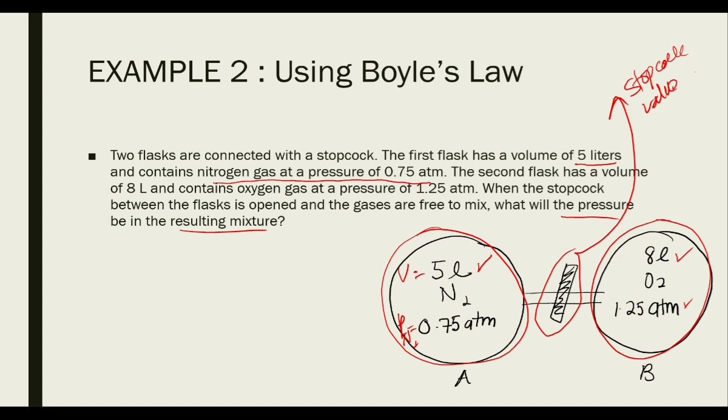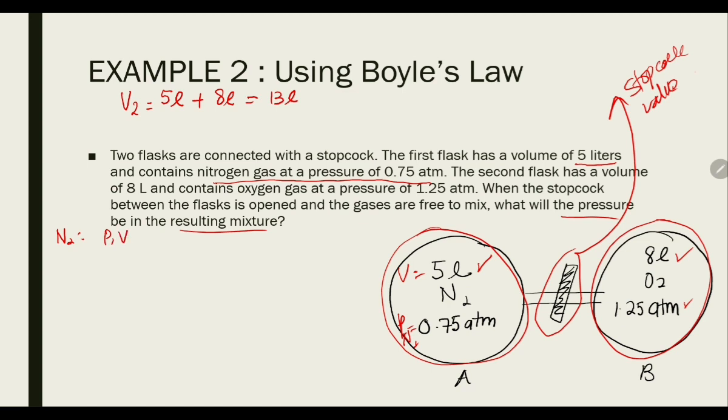We need to find the final volume after the two gases are allowed to mix together. V final for both cases is the total volume of both flasks: the first flask is 5 liters plus the second flask is 8 liters, so in total we have 13 liters. We need to calculate for nitrogen first.